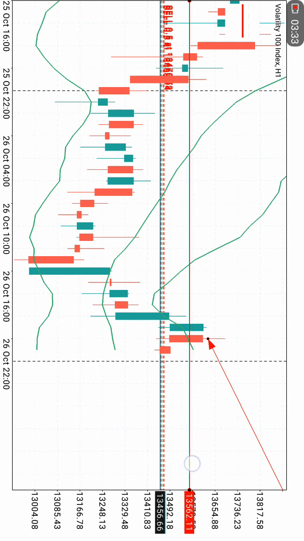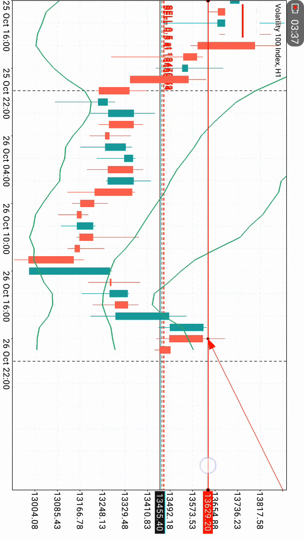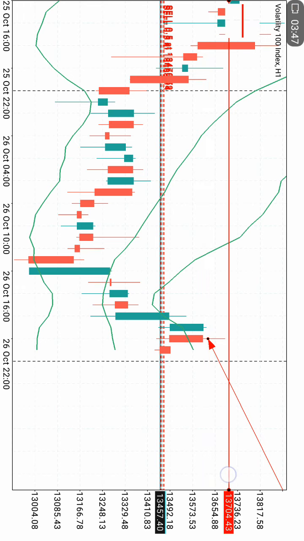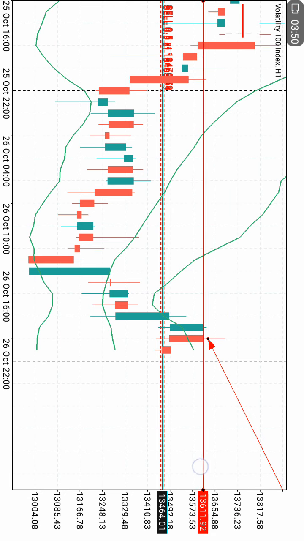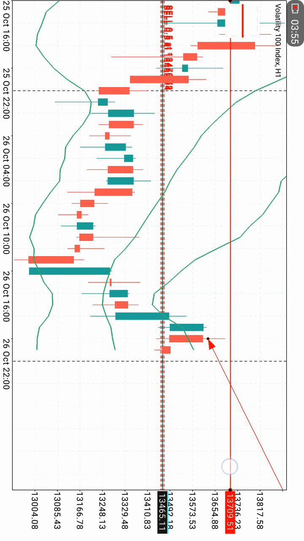So I would advise you to close your trades manually rather than putting a stop loss, or put a very wide stop loss. This would mean that you would need a big account. Actually, you don't need a big account. You need to use a reasonable lot size that correlates with your account.